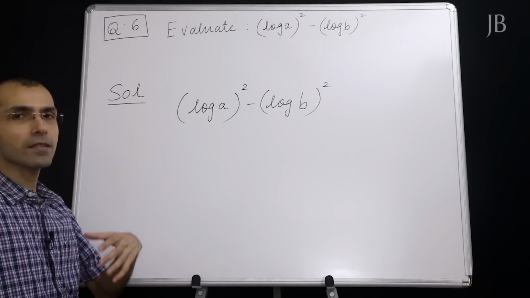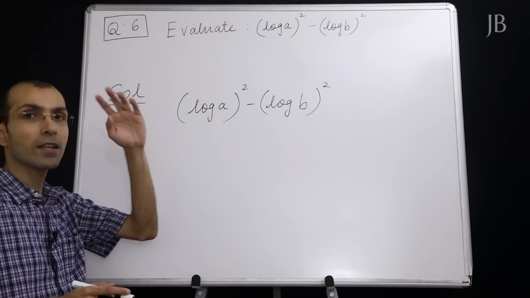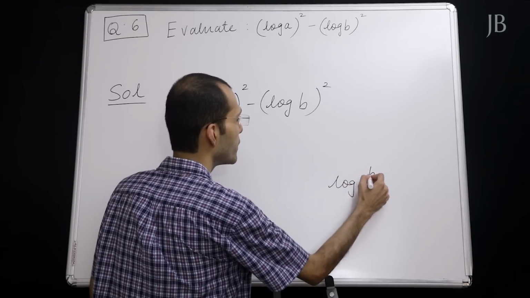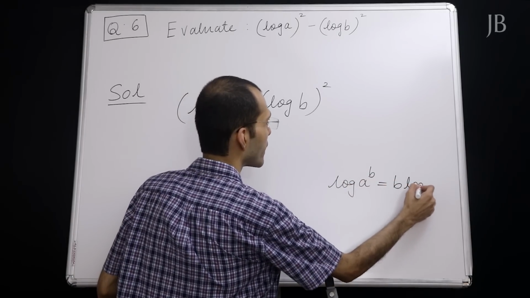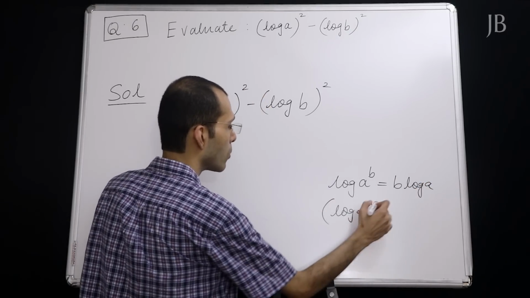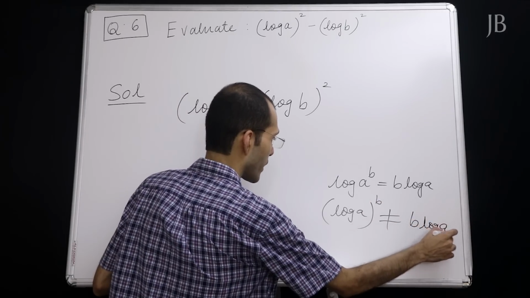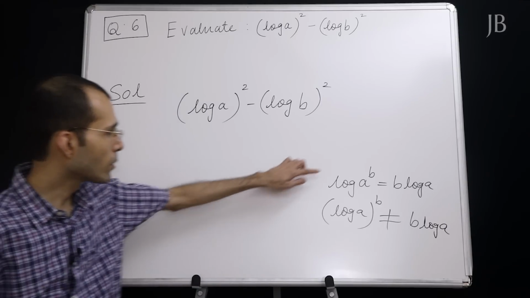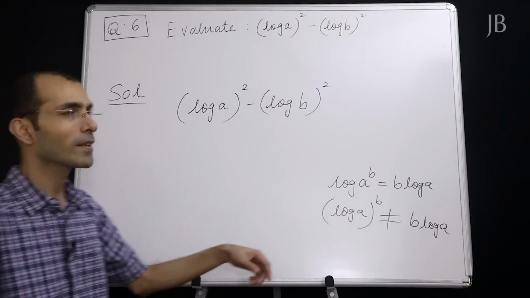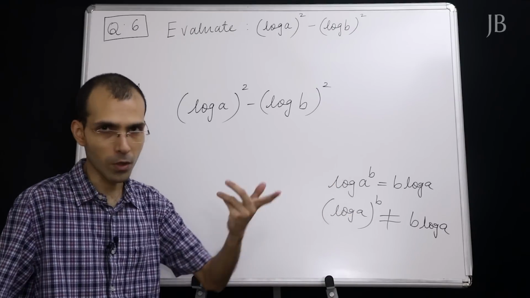Mind you, we just discussed some time back: log a square will be 2 log a, like law number 3, log a raised to b will be b log a. But log a the whole raised to b will not be b log a. Here log is of a and then we are raising it to b. So this law will not work.